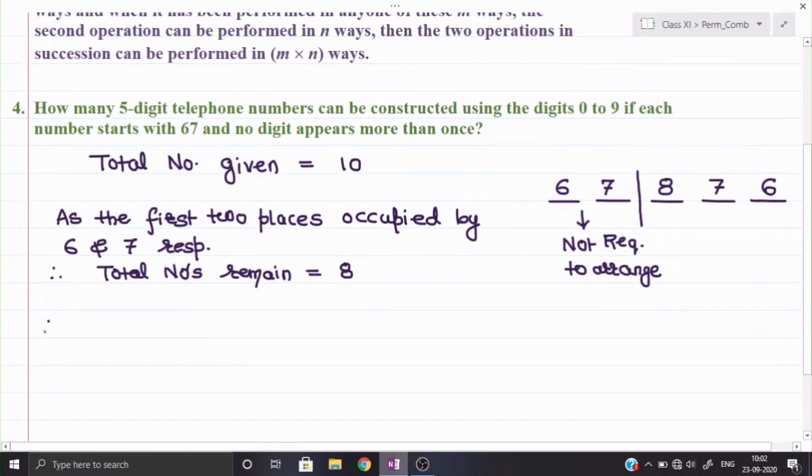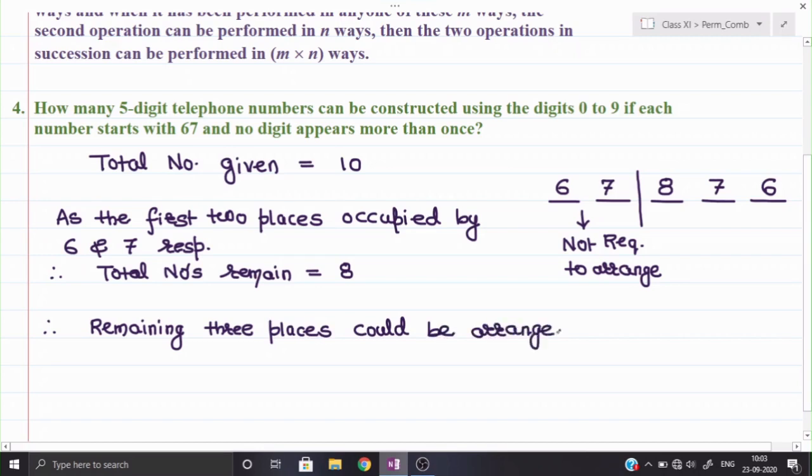Therefore, the remaining 3 places could be arranged by 8, 7 and 6 ways respectively, as repetition is not allowed.